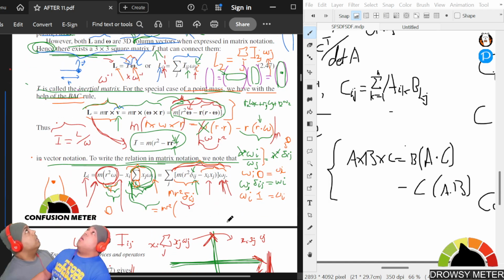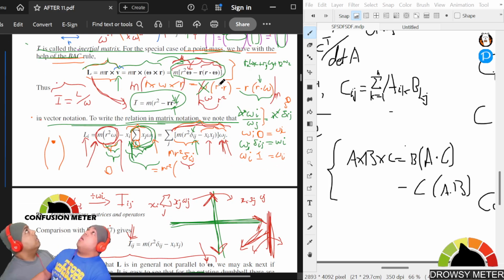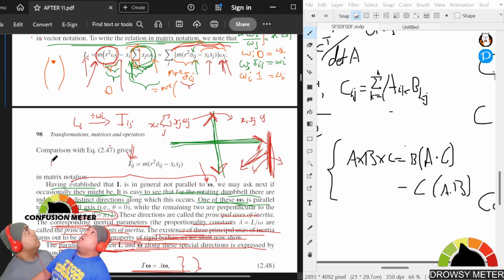For omega to be parallel to L, R dot omega needs to be 0, right? R dot omega needs to be 0 for omega being parallel to L.